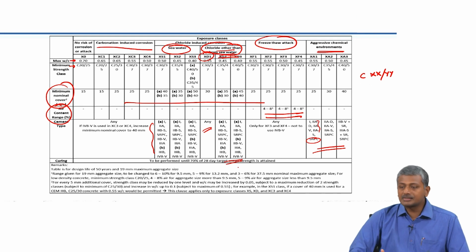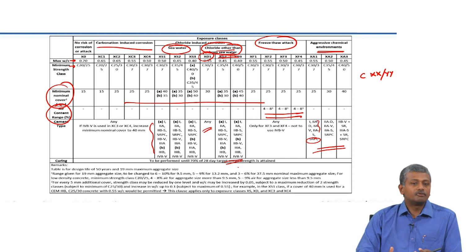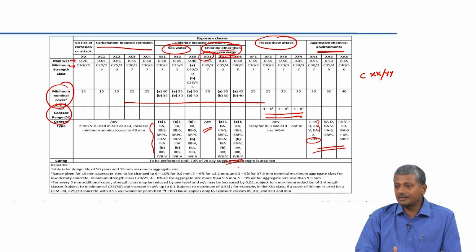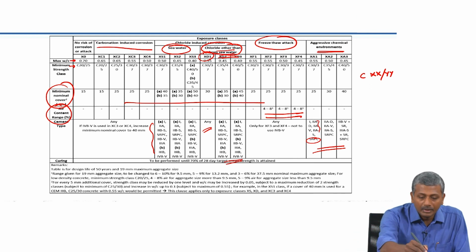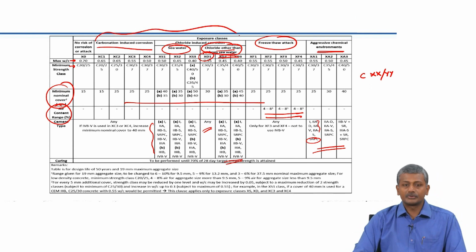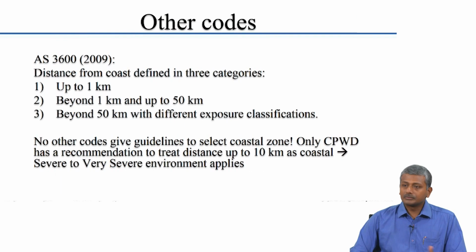Okay. So, again this gives you a prescription for a durability environment that addresses corrosion as well as other chemical attack. Of course, we are here going to be talking primarily about carbonation and chloride induced corrosion. So, we are restricting our discussion to the exposure classes according to these. Now, as I said earlier, there are certain codes around the world which address the exposure classifications a little bit better.